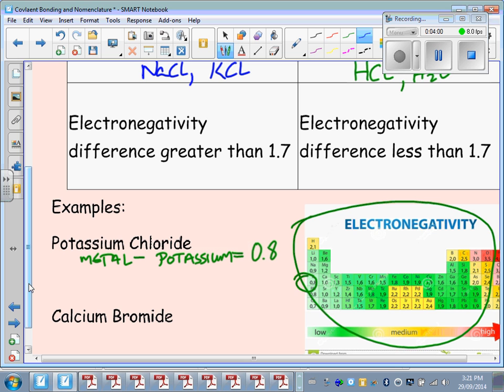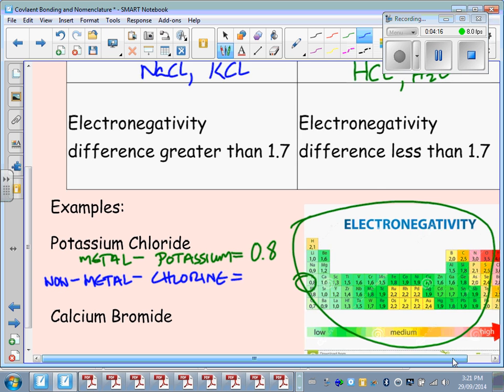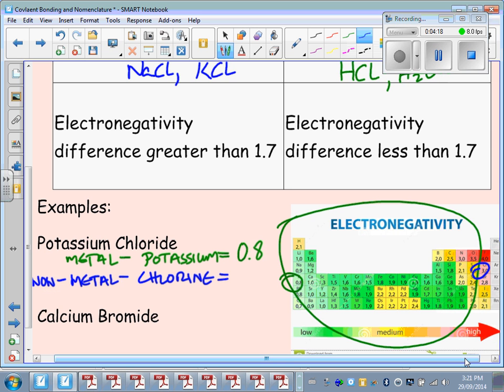Chloride comes from chlorine. That is the non-metal. It is the ion for chlorine. And its electronegativity value you'll find way over here on the right of the table. The electronegativity value is 3.0.